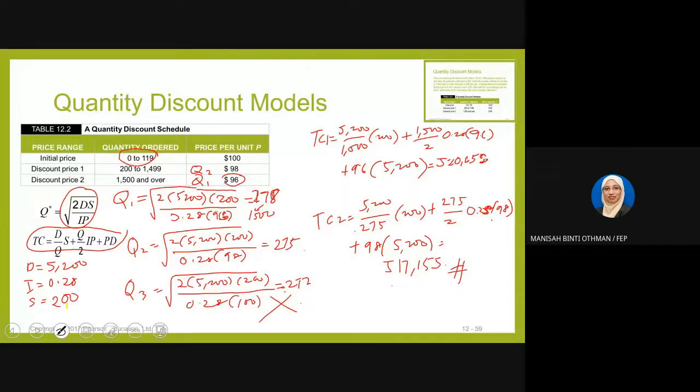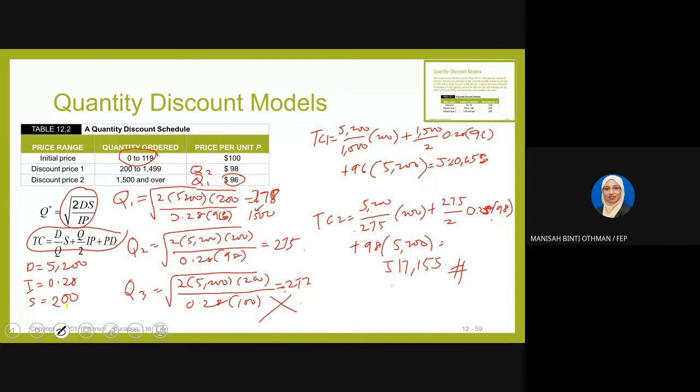Okay, for those who do this calculation, you can see the difference when you calculate total cost for the price 96 and total cost for the price 98. You can see the difference for annual holding cost and annual ordering cost.